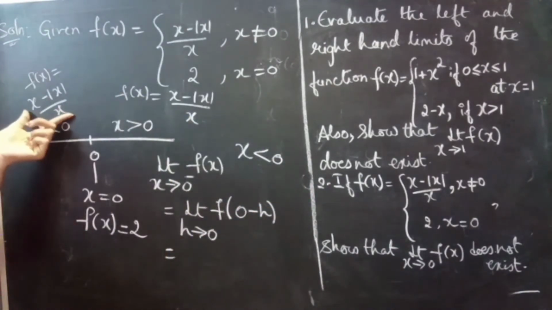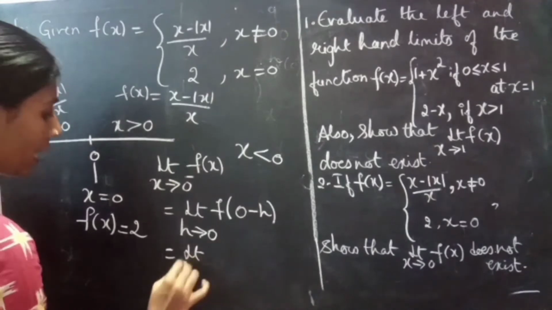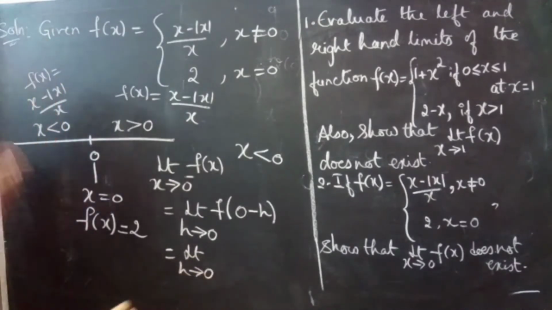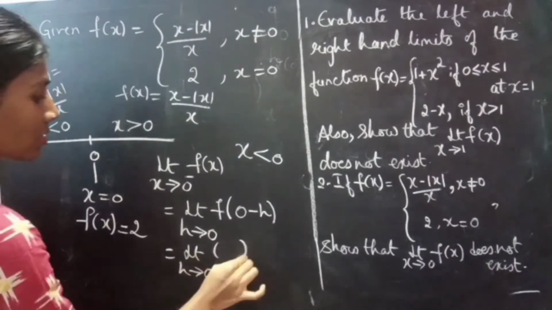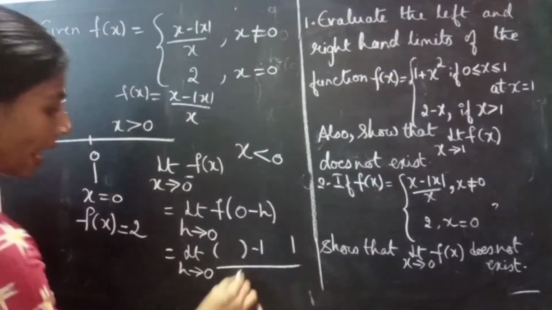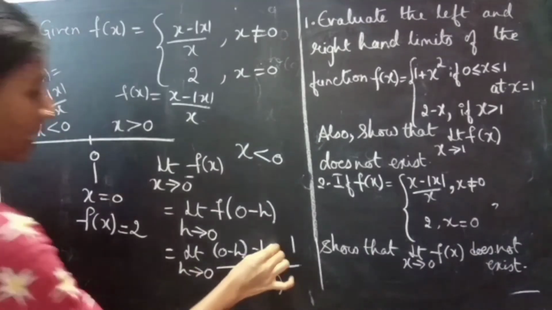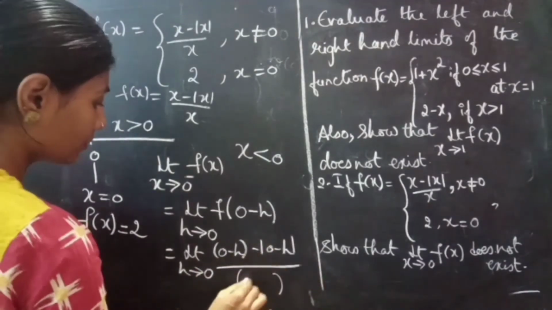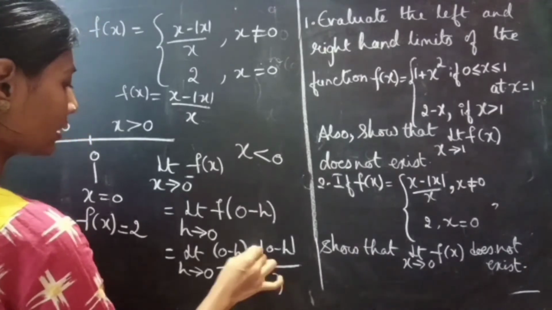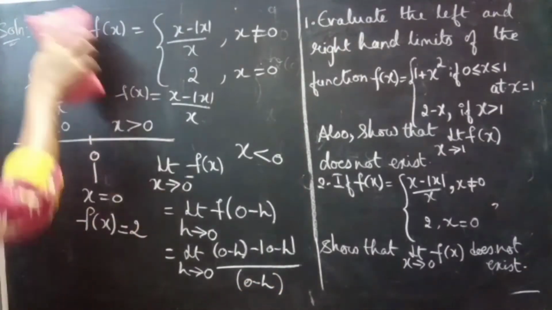So when x is less than 0, you have function f of x equals x minus mod x by x. So limit h tends to 0, x minus mod x by x. Since you have 0 minus h in the place of x, I am replacing it with 0 minus h.